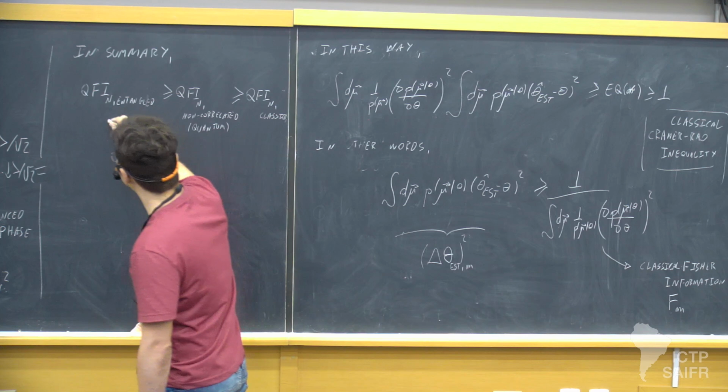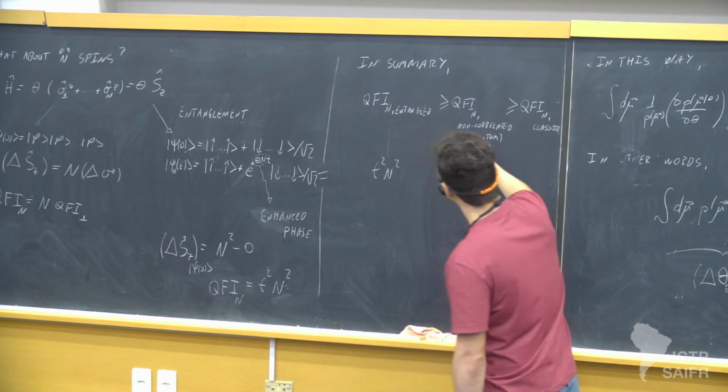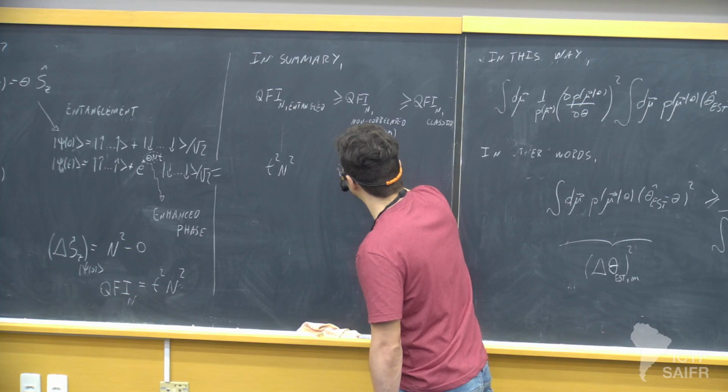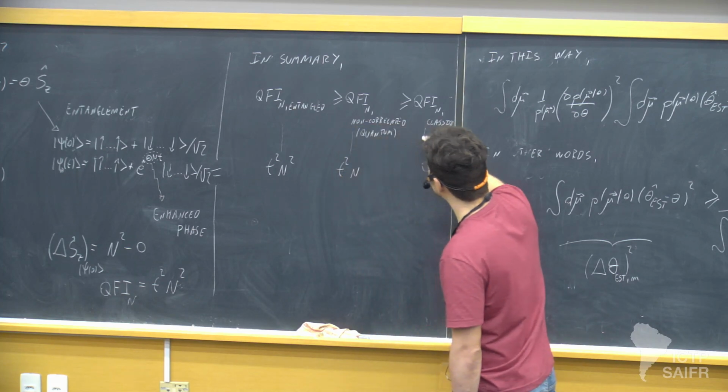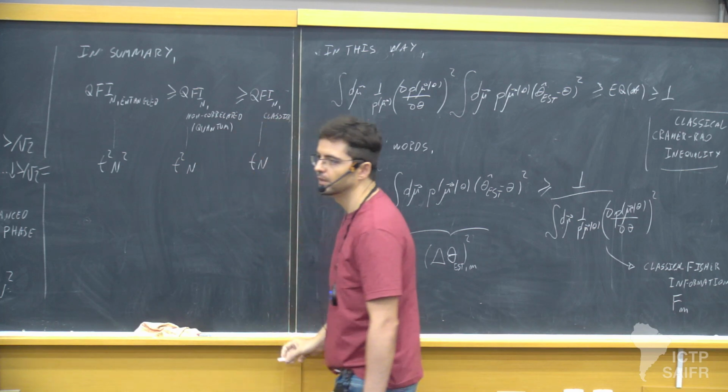So usually this one gives us the bound of t squared n squared. This one will give the bound of t squared n, and this one is just the central limit theorem, and just t times n.